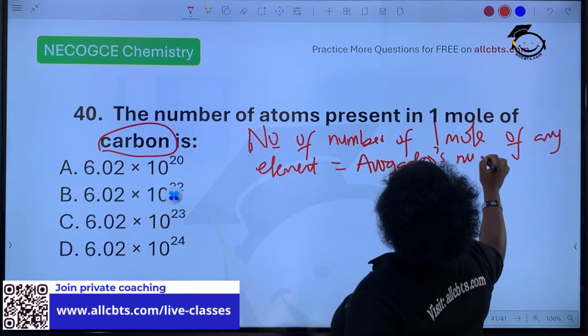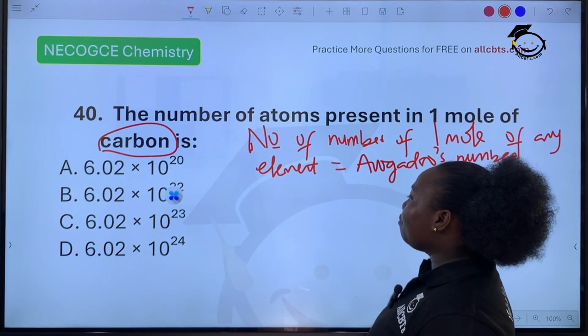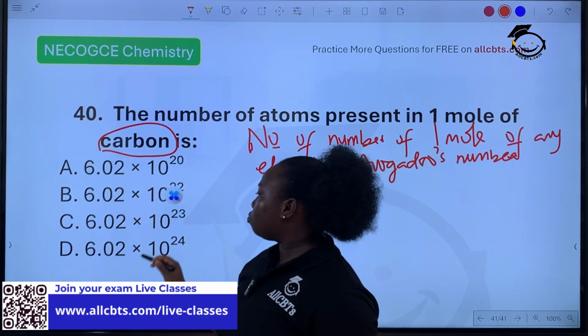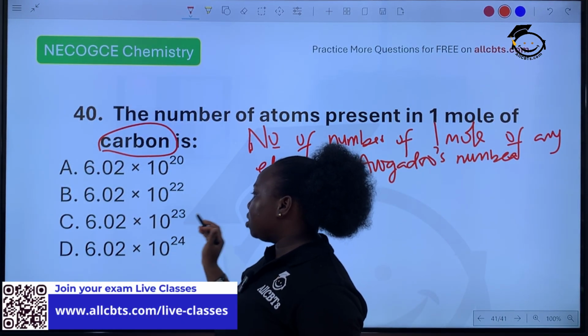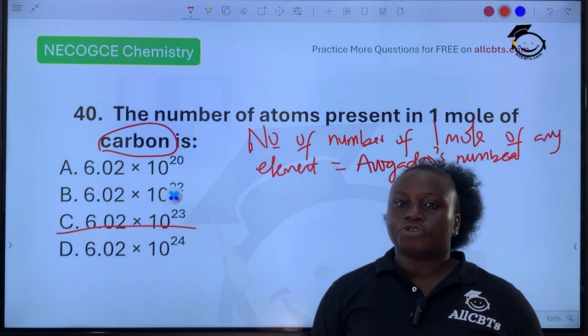In this question, they are not trying to test if you know what Avogadro's number is. Avogadro's number is 6.02 times 10 to the power 23. That's option C. Our answer is option C.